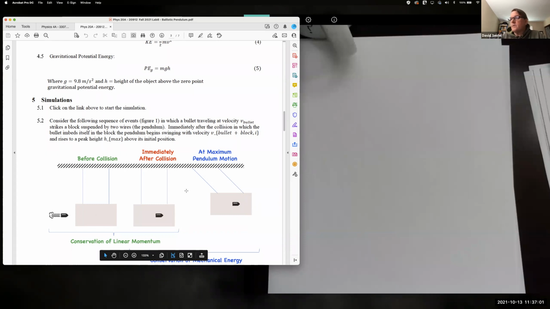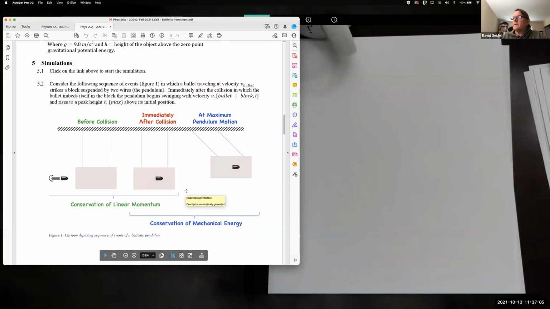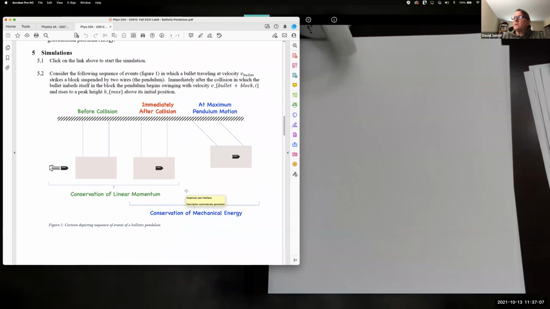But in this particular simulation, we're just going to measure the distance using the simulation itself. During this impact, we have conservation of linear momentum. And after impact, in this area, we have conservation of mechanical energy. We're going to assume there's no friction present. Again, friction would be one of the sources of error in this.